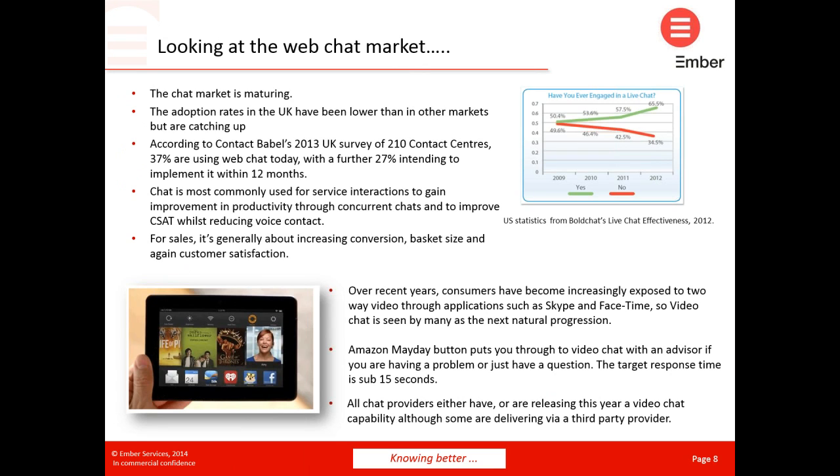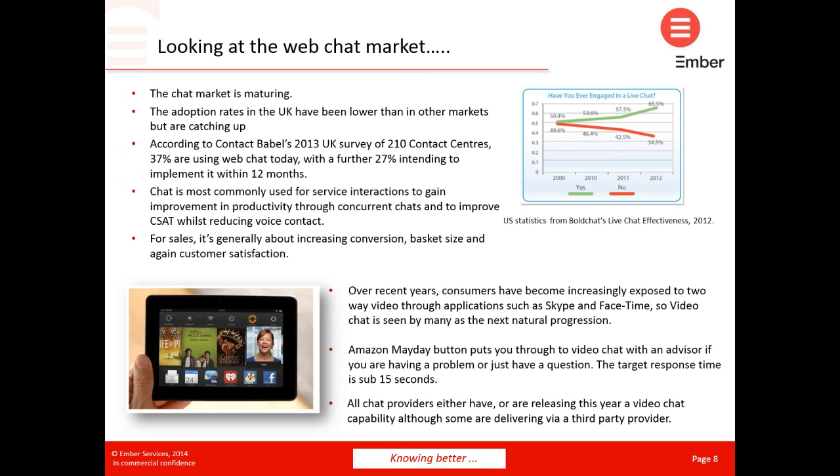Adoption rates in the UK have certainly been lower than in other markets, particularly the US. But Contact Babel are suggesting that the expected uplift going forward is a 27% increase in the next 12 months, which is consistent with what we're seeing and the sorts of conversations we're having with our clients.